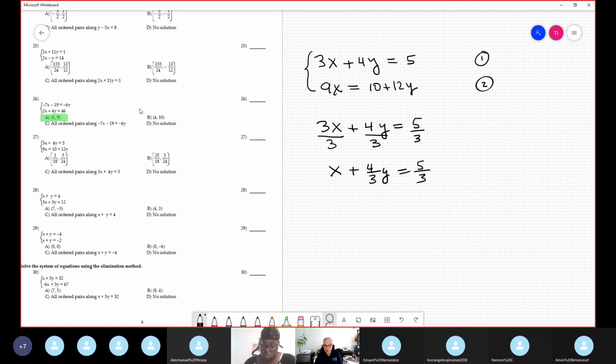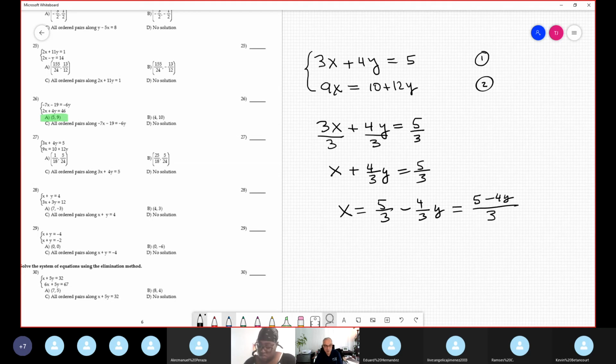And you solve for x. x is equal to 5 over 3 minus 4 over 3 y. In this case, you can write it like that, because by coincidence the denominator is the same, it's 3: 5 minus 4y over 3.